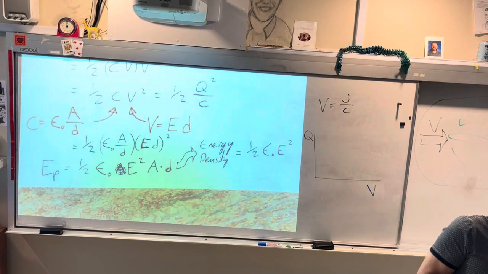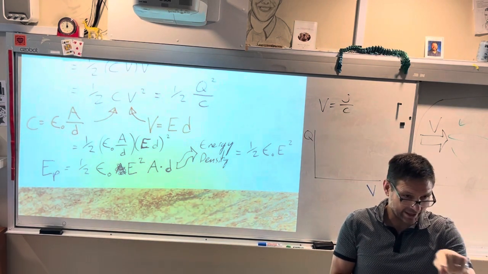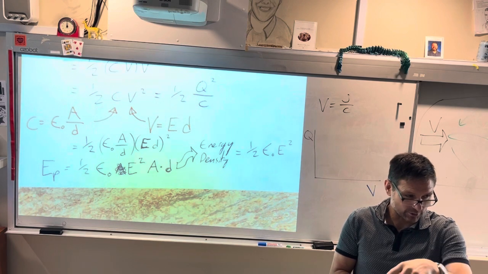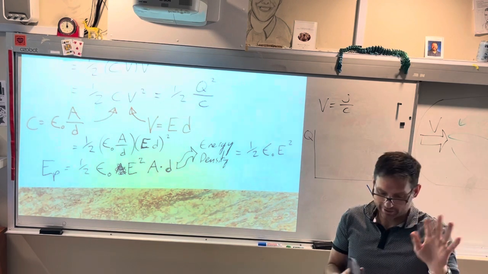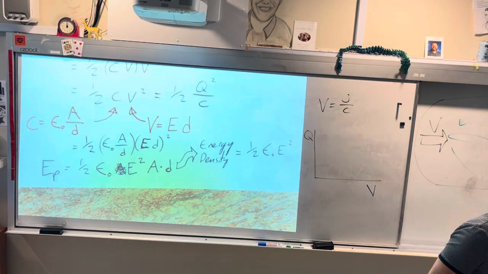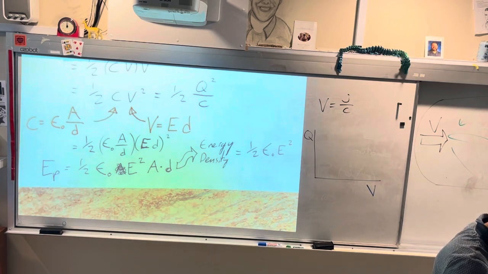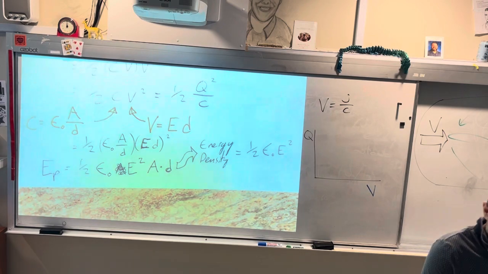No, to get your 8.85 times 10 to the negative 12, it's 1 over 4 pi k. I think it's Boltzmann's constant. It doesn't matter, you don't need to know. It's the Coulomb constant apparently. 8.99 times 10 to the 9. I'll look it up, I'll figure it out.